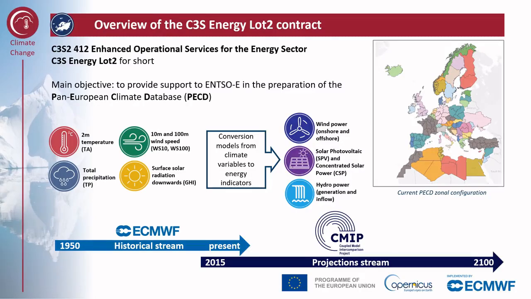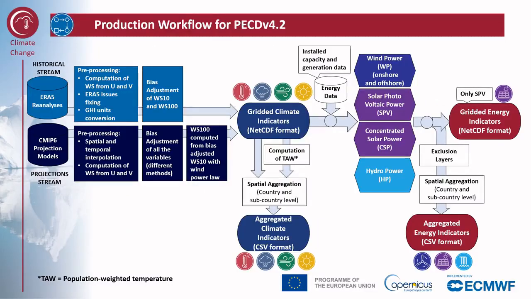The historical climate data stream extends from 1950 to the present, while the projection stream goes from 2015 up to 2100.